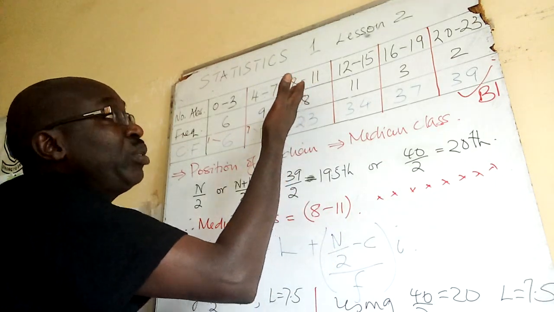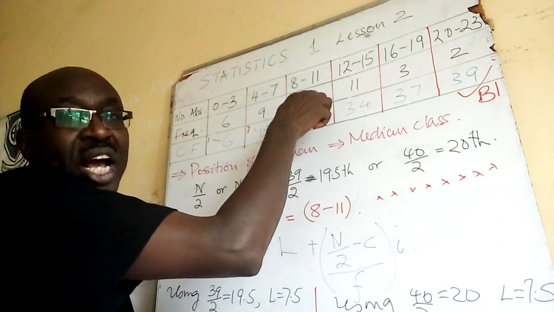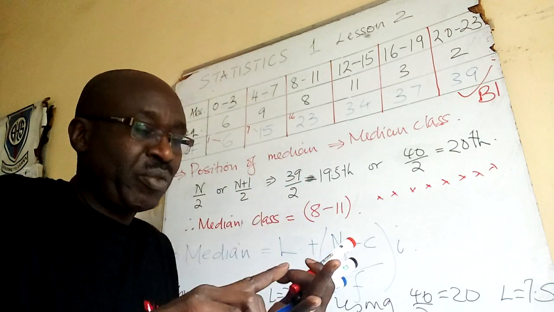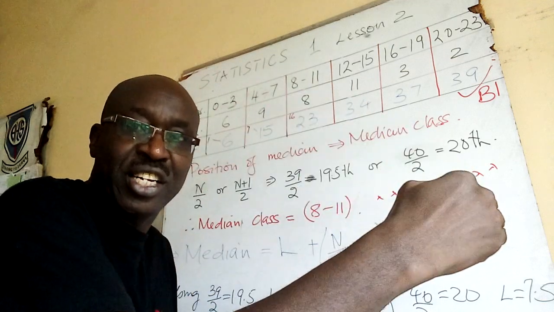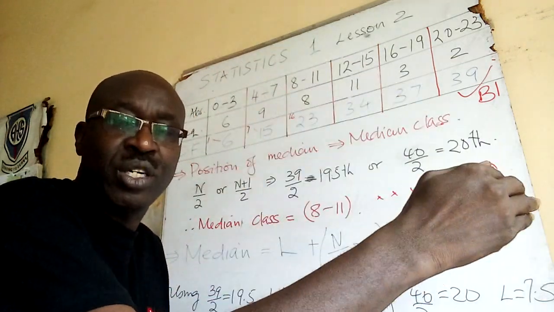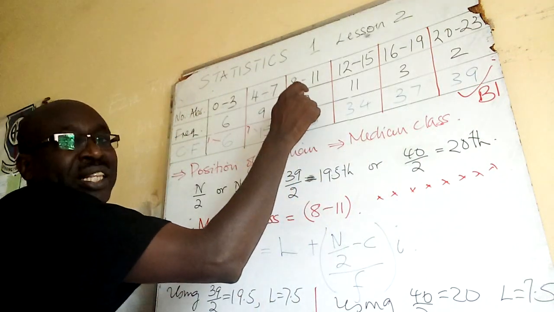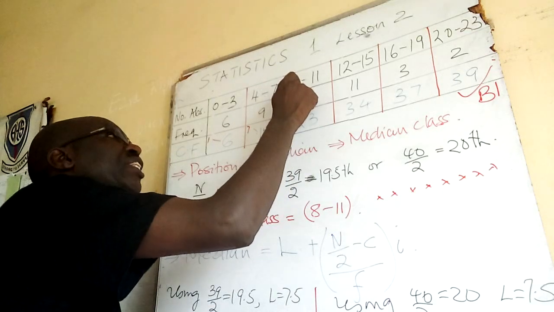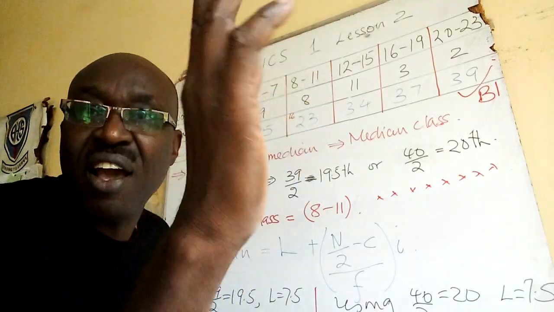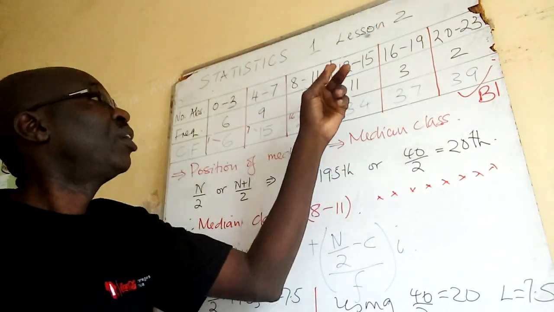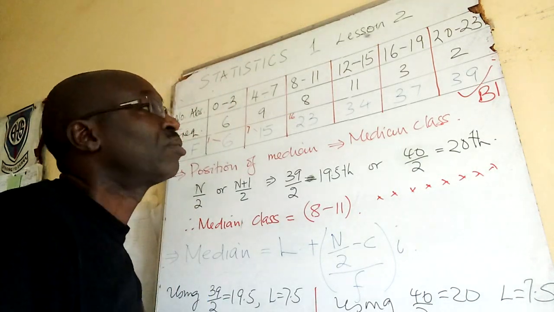So we arrange the 8 boys. They start at position 16, 17, 18, 19, 20, 21, up to 23. Those positions are occupied by the boys who are absent between 8 days and 11 days. But even girls, you are not safe. You are absent here. 11 of you, 12 to 15 days. You are not serious.